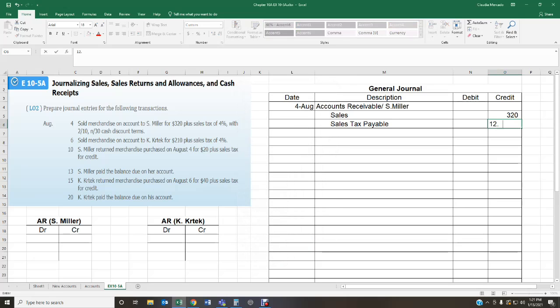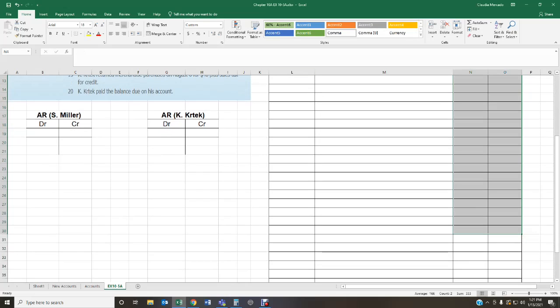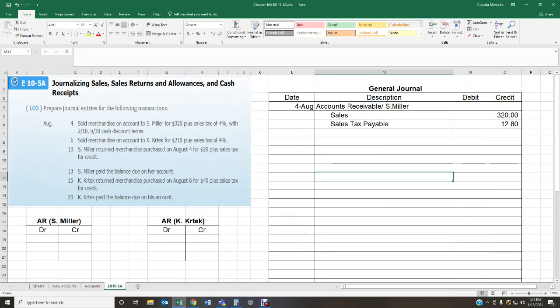Okay, and let me change this. There we go. Okay, so Miller owes me $320 of merchandise. Miller owes me $12.80 for taxes. So how much should I set up the receivable in the books for? Well, I'm going to set up the receivable for the $320 and the $12.80.